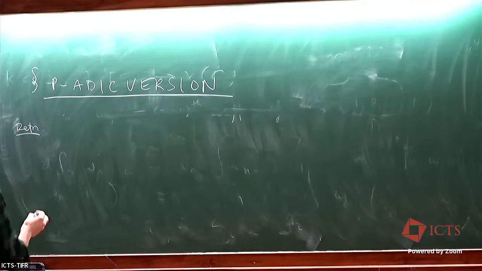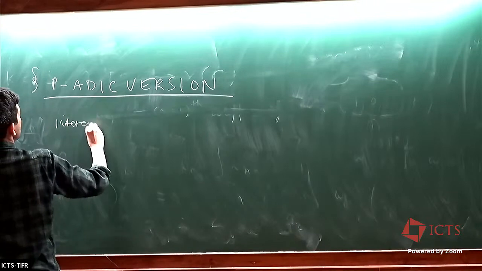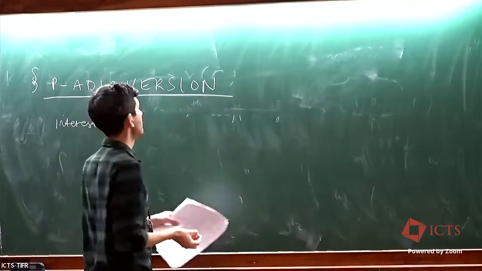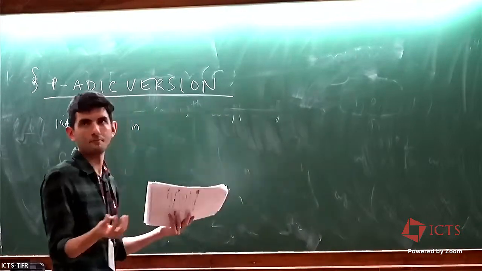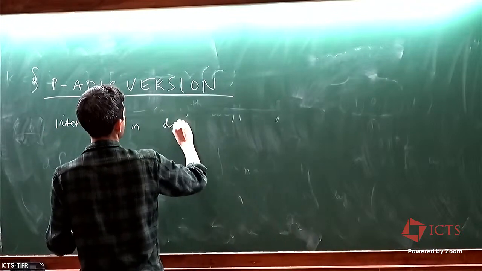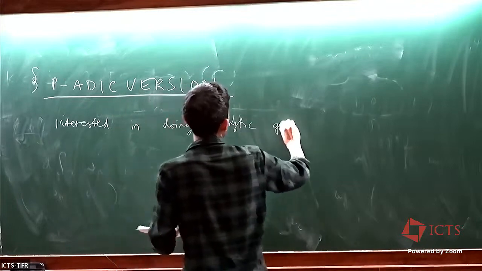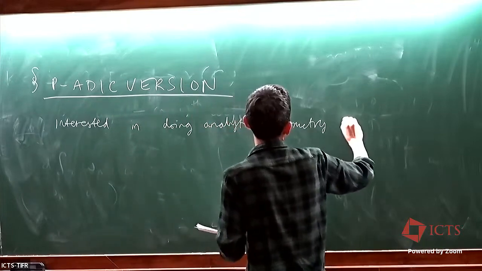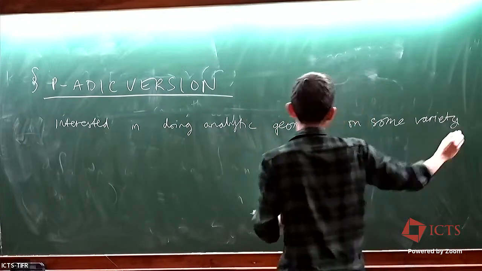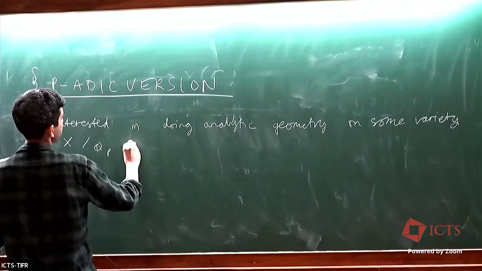Maybe I should say we're ultimately going to be interested in the context where we have some variety, say a curve, X over Q_p with good reduction.